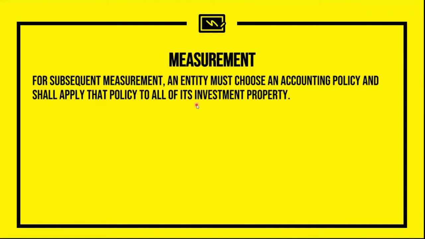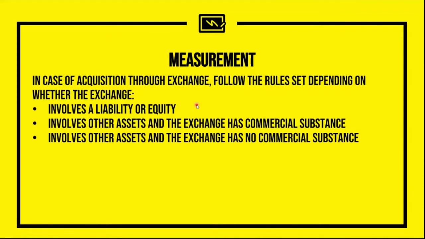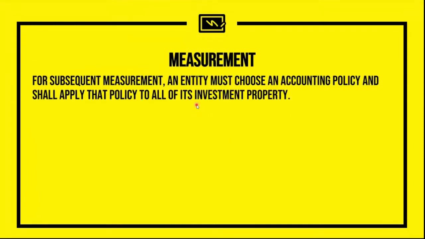So before we go to subsequent measurement, again to reiterate, for initial measurement, we always focus on cost. Because costs, okay, all the costs that are capitalizable, that will be the amount that will be recognized as the initial amount of the investment property. Okay? So under subsequent measurement, the standard stated that an entity must choose an accounting policy and shall apply that policy to all of its investment property.